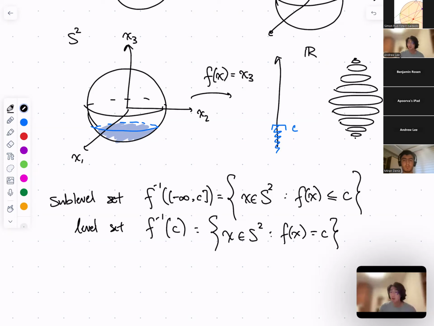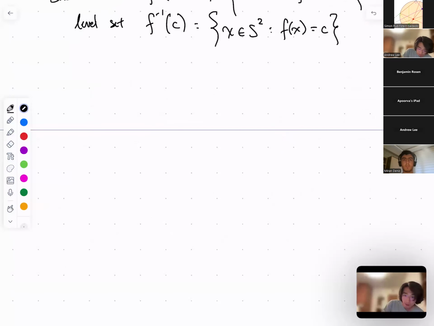This gives us a way of taking our two-dimensional thing and slicing it into one-dimensional slices. If I know how to glue these one-dimensional slices together, then maybe I have a chance of recovering an understanding of the structure of the overall two-dimensional thing. This can help us think about S3. I don't really know how to visualize S3, but I can still write down the same kind of function.